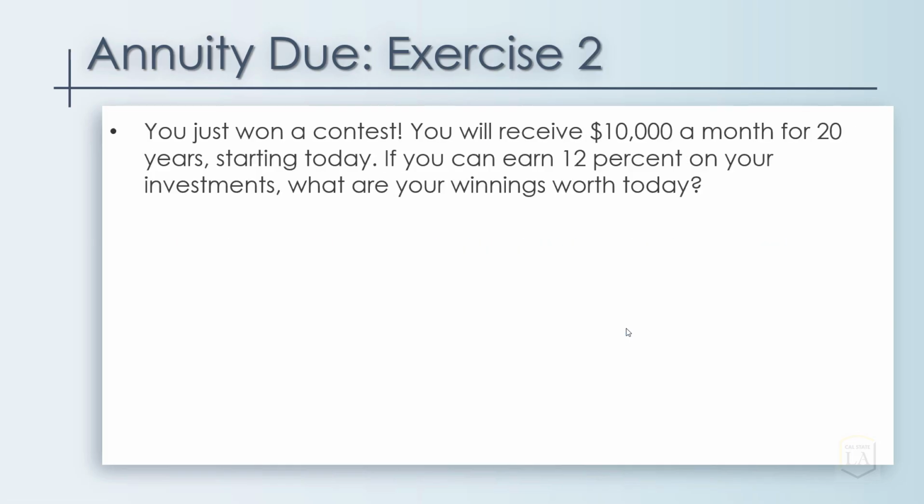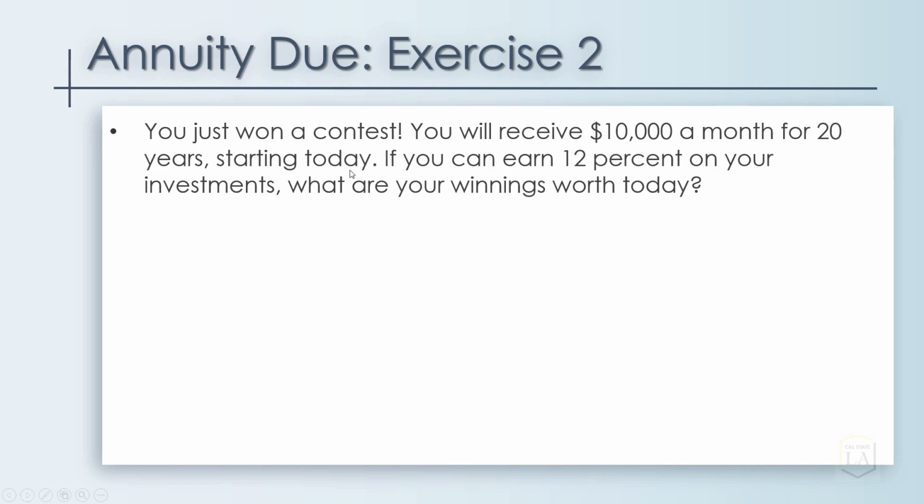Okay, and another exercise here. Let's say you just won a contest and you will receive $10,000 a month for 20 years starting today. Remember how whenever the problem has a phrase like starting today, the first payment is being made today, that always alludes that this is an annuity due problem.